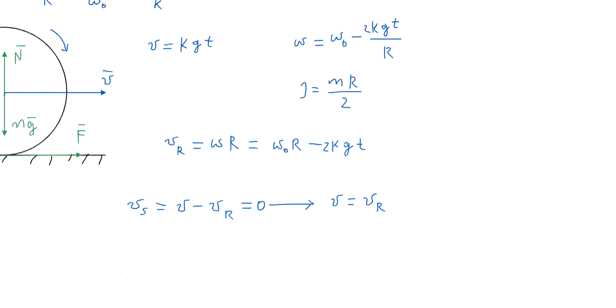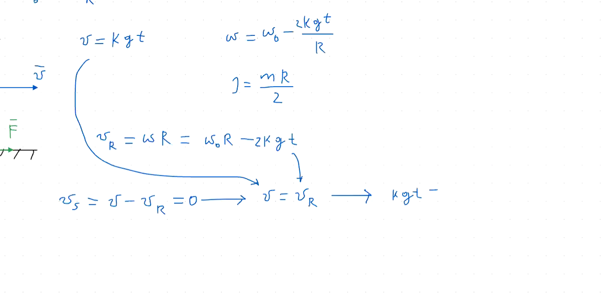We can substitute V into here and VR into here, and we will have that kgt is equal to omega 0 r minus 2 kgt.